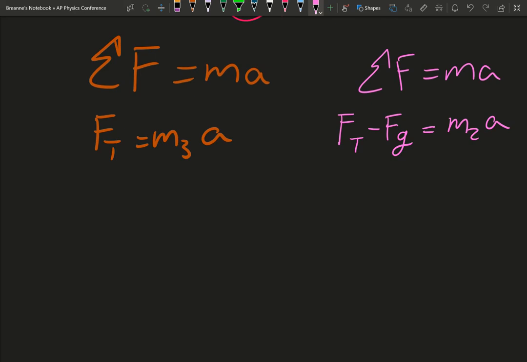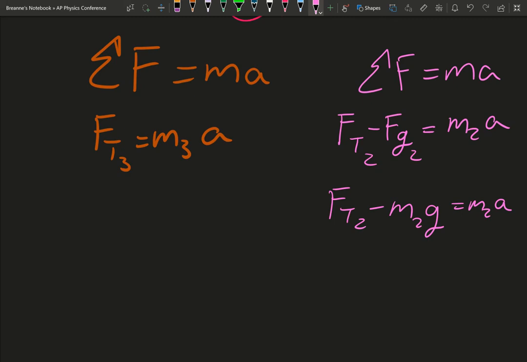We have tension of 3, tension of 2, and force of gravity of 2. We can break down our force of gravity here. So force of tension 2 minus m2g equals m2a.